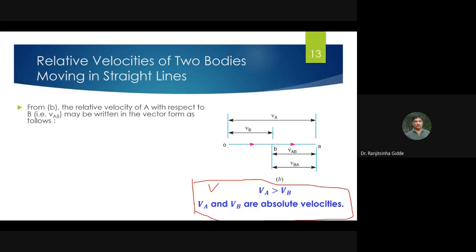So first draw this OA vector, then show this VA that will indicate the magnitude of velocity of body A. Then here you can show B and show this much distance which represents the magnitude of velocity of body B.